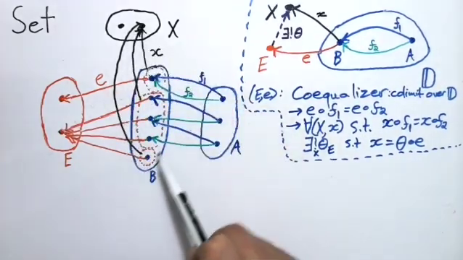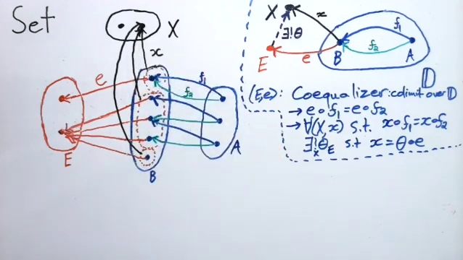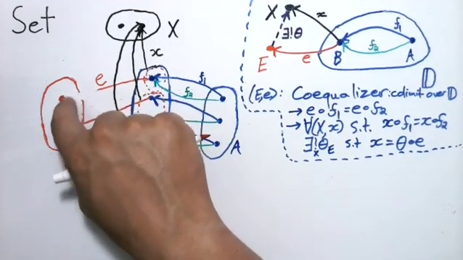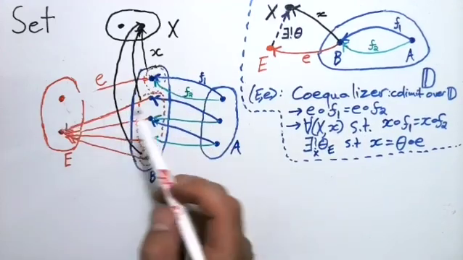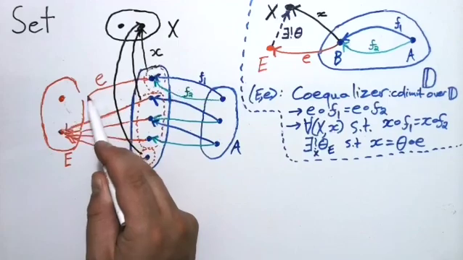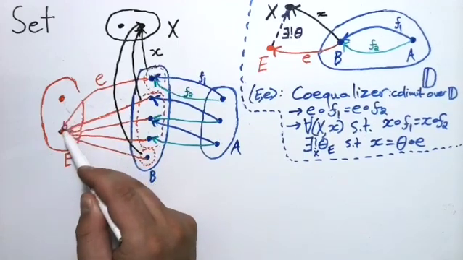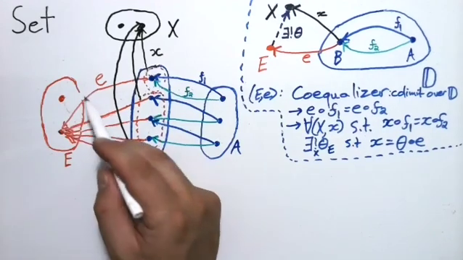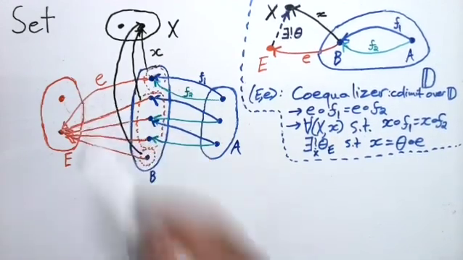So that means all of the ones in here all map to this same element in x. Well, now if we suppose that e is no longer surjective, so let's say instead of mapping to this top element, now this top element in b gets mapped to the same one as all the rest of them down here. And now this one is not mapped to by anything in E.